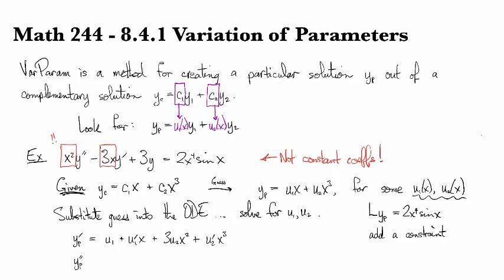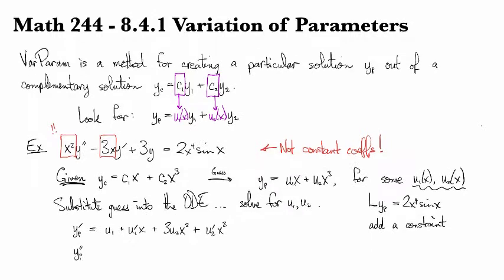But for right now, just keep in mind that since we put in two unknowns and we have only one equation, we're free to add another equation to pin down a specific choice for those unknowns. So I'm going to make the following choice. I'm going to make the constraint that u1 prime y1 plus u2 prime y2 is equal to 0.